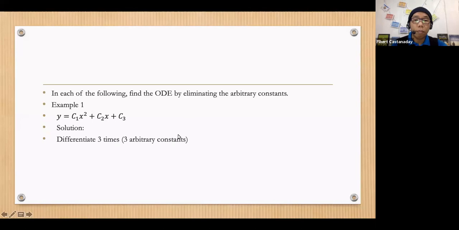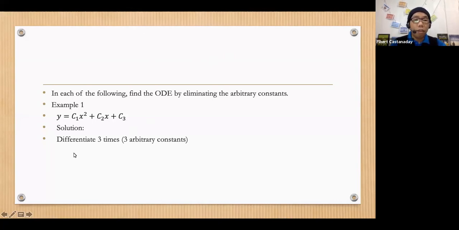Now let's proceed to the differentiation. This is one rule that we can follow for us to arrive at its differential equation. You just have to differentiate the given equation as many times depending on the number of arbitrary constants. That's why it says here differentiate three times.